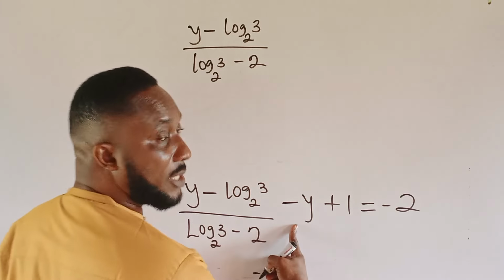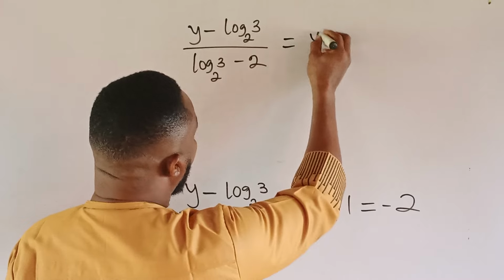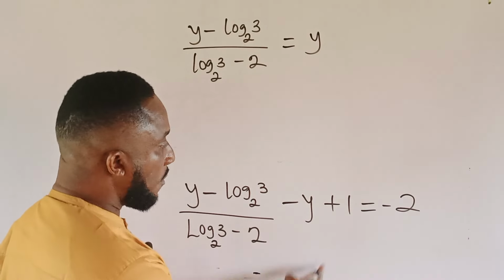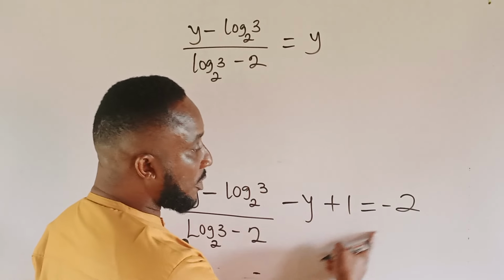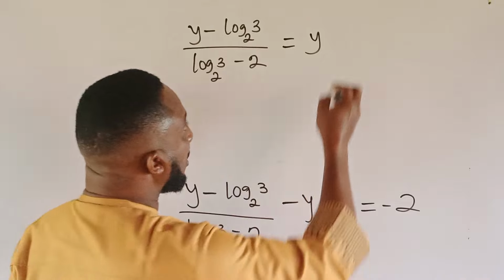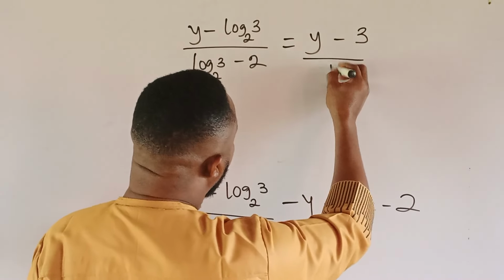Like I said, we are taking negative y and plus 1. We now have equal to y. When minus crosses equality it becomes plus. Then plus 1 crosses and becomes a negative. Negative 1 added to negative 2 becomes a negative 3. Can decide to write this all over 1.